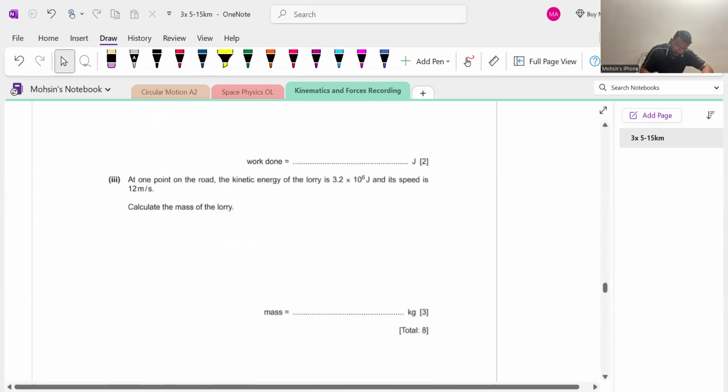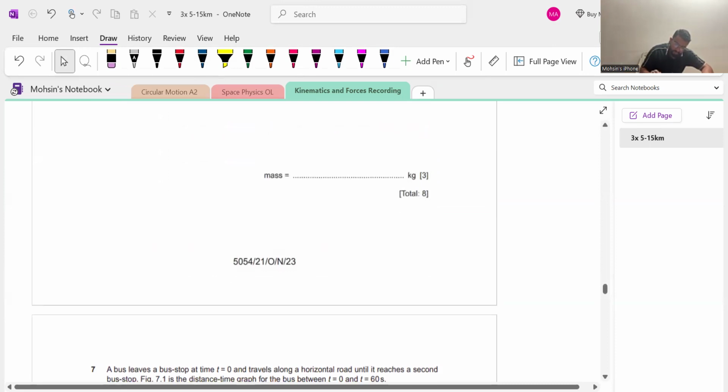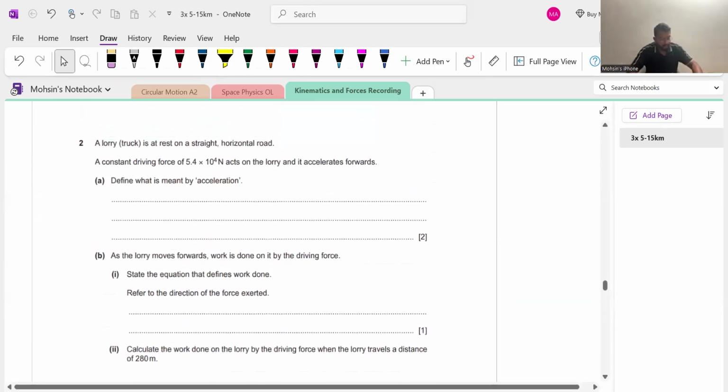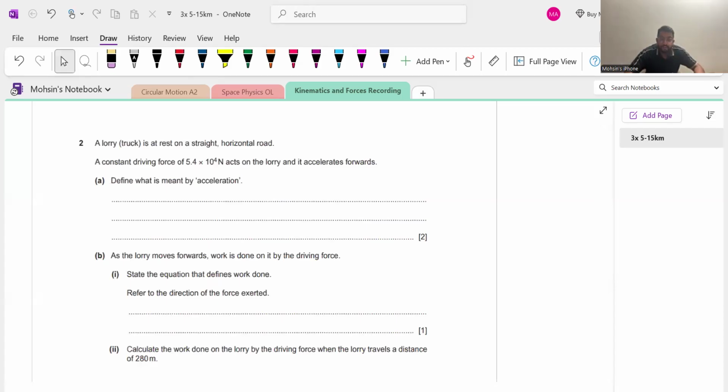Okay, this is a question from October November 2023, paper 2-1. A lorry truck is at rest on a straight horizontal road. A constant driving force of 5.4 times 10 to the power 4 newtons acts on the lorry and it accelerates forwards.